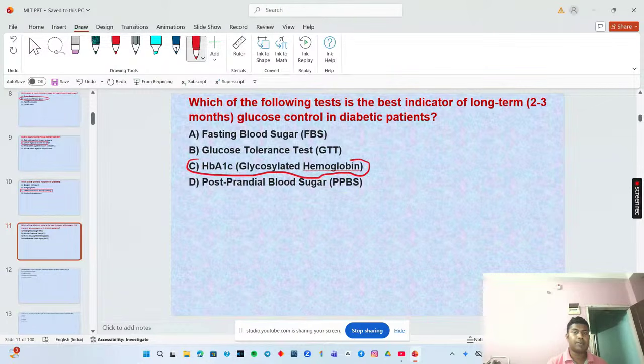It measures the average over the 120 days of hemoglobin lifespan. This test helps to measure the average of 120 days of glucose present in a patient's body.